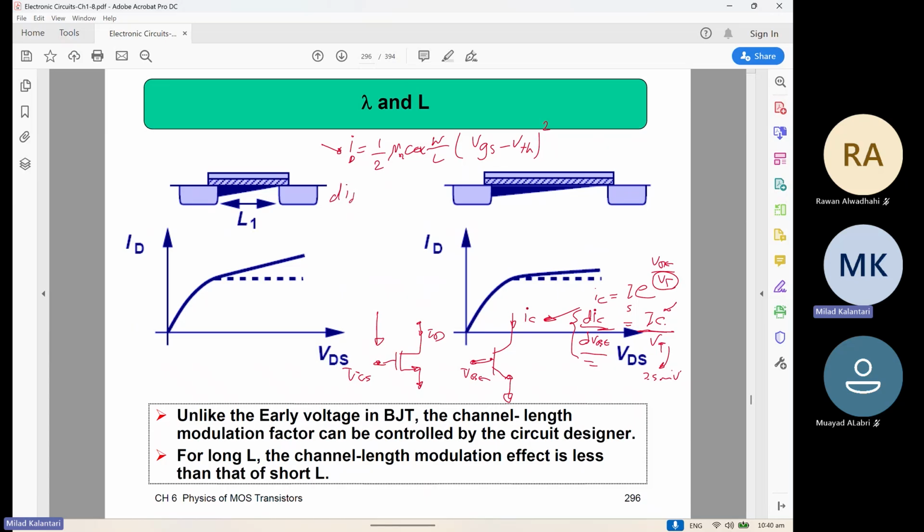So dID over dVGS would be mu n Cox W per L times (VGS minus V threshold). Sometimes we show this VGS minus V threshold as V overdrive. This is a notation that says how much we are overdriving the gate voltage over the V threshold. So what we have for the gm is this equation.